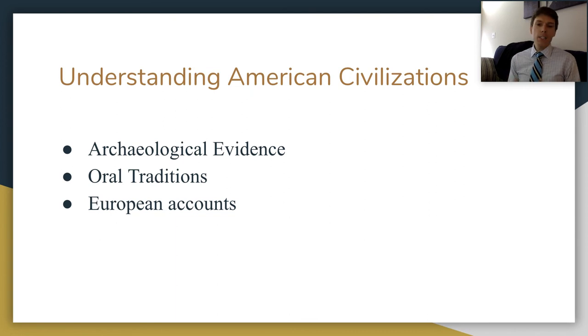And our understanding of these civilizations is relatively limited because it's based only on archaeological evidence and what we've been able to discover, literally dig up and make assumptions about, oral traditions that have defined these cultures, because by and large, there wasn't a culture or tradition of written history as we've seen in some other civilizations. And then, of course, European accounts, which we know are going to be slightly skewed. More than slightly skewed, but they're going to be biased.